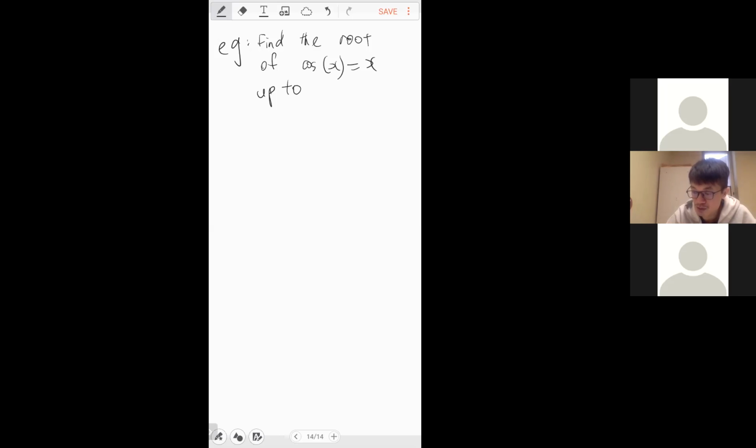All right, second example is I want to find the root of the equation cosine of x equals x. Again, up to 3 decimal places. So the function that I'm interested in should be cosine of x minus x, right?